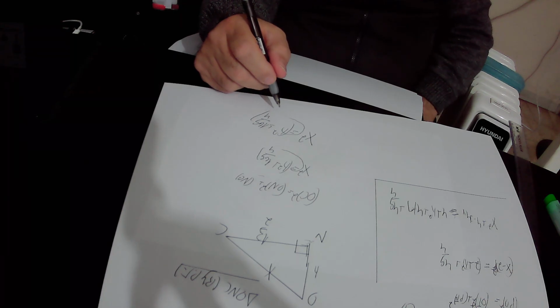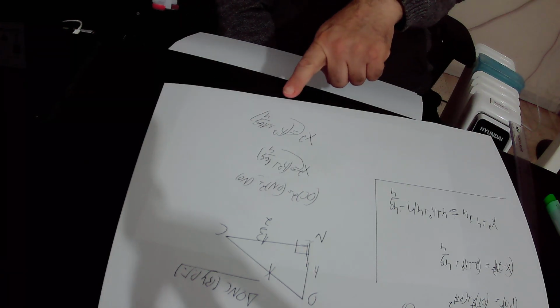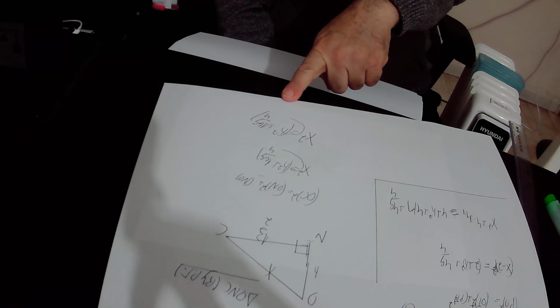So in the next step we substitute x squared in this equation by h squared plus 169 over 4.